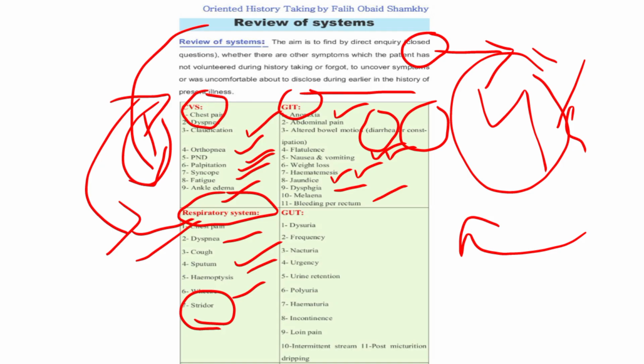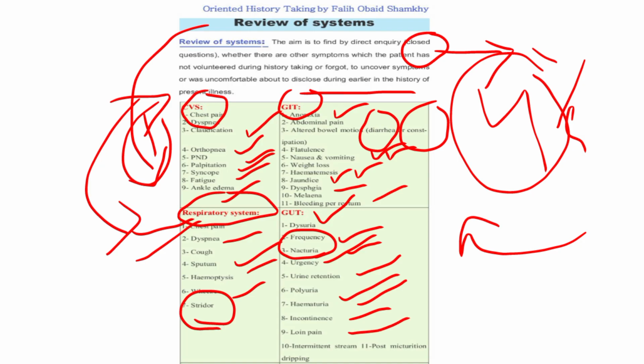Next, the genitourinary system. We can ask about dysuria, any painful urination, frequency, nocturia at night time, urgency, urine retention, polyuria, hematuria, any kind of blood in the urine, incontinence when you cannot control urine, loin pain, an intermittent stream, post-micturition dripping.